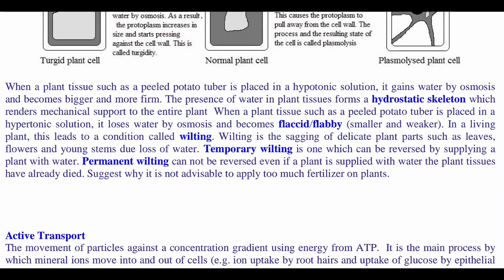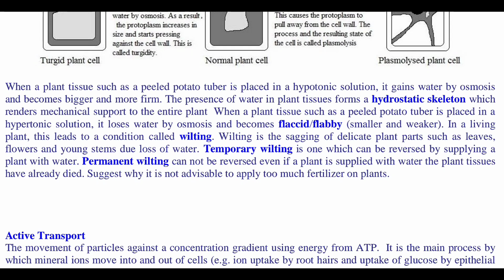Now, listen to this information. When a plant tissue, such as a peeled potato tuber, is placed in hypotonic solution, it gains water by osmosis and becomes bigger and more firm. The presence of water in plant tissues forms a hydrostatic skeleton, which renders mechanical support to the entire plant.